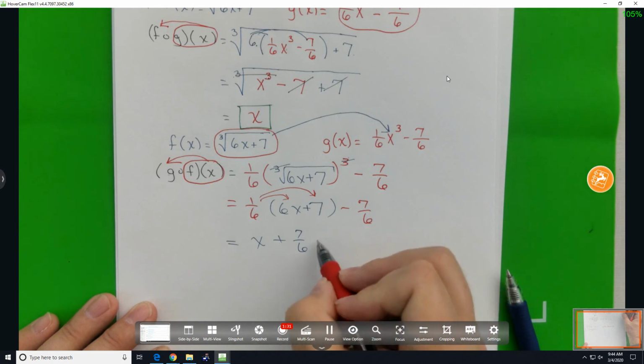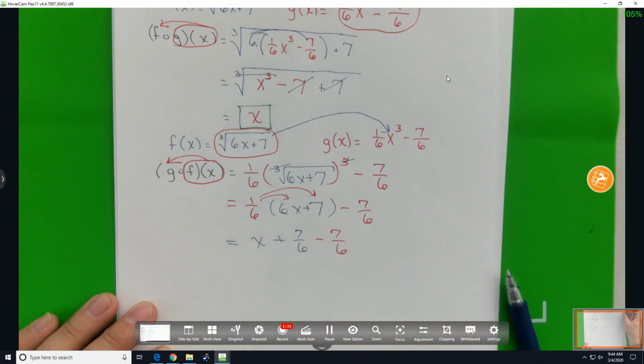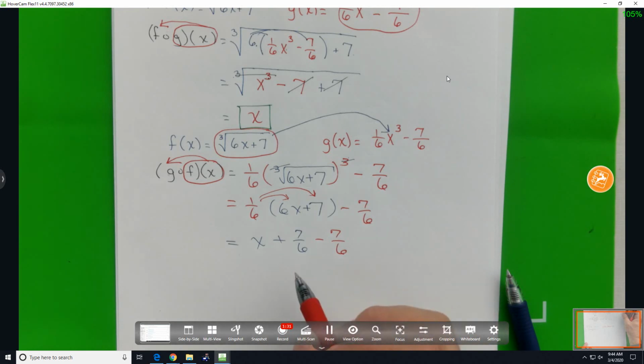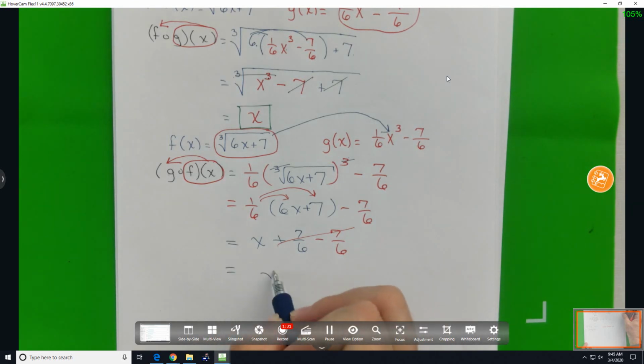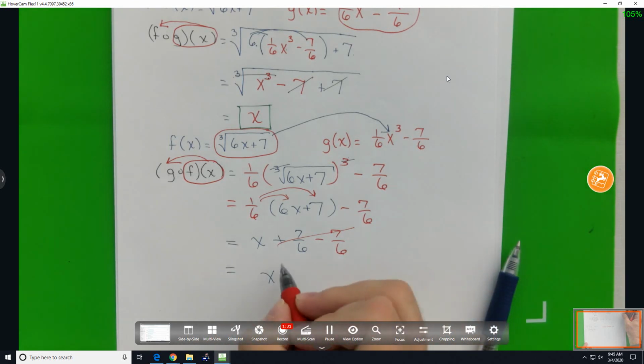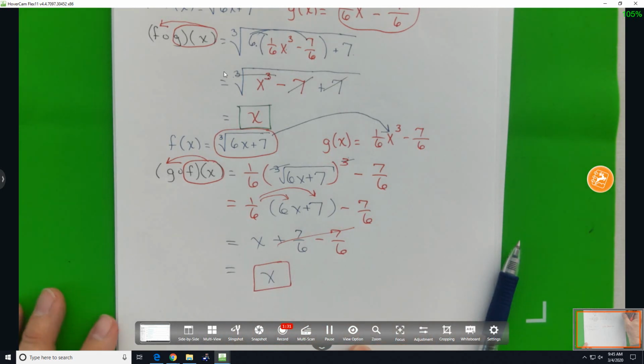We have that minus 7 over 6, and what do we conclude? That's about to happen here. Okay, they subtracted out, they're gone, leaving us only the x. So sure enough, the compositions reduce to x in both directions.